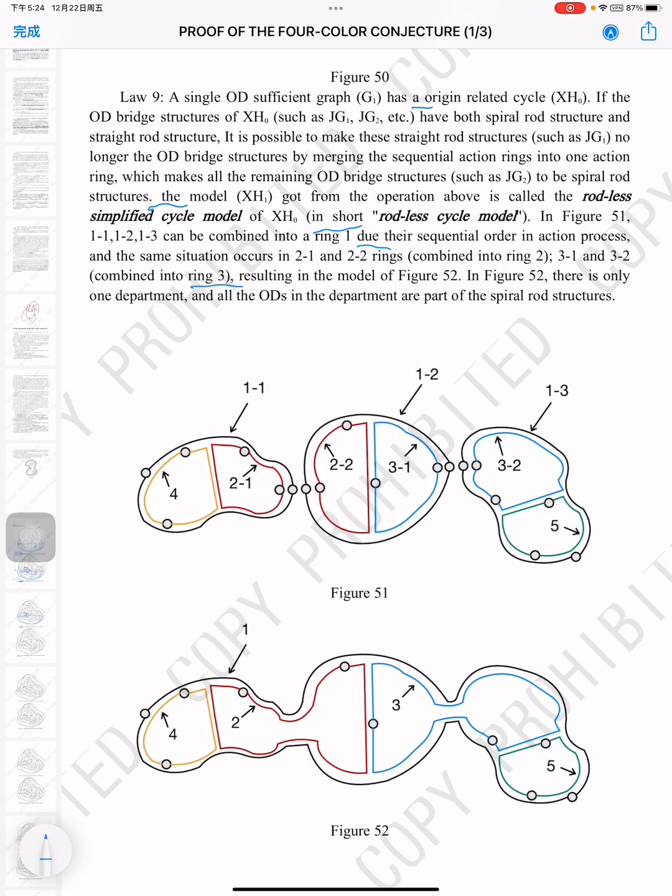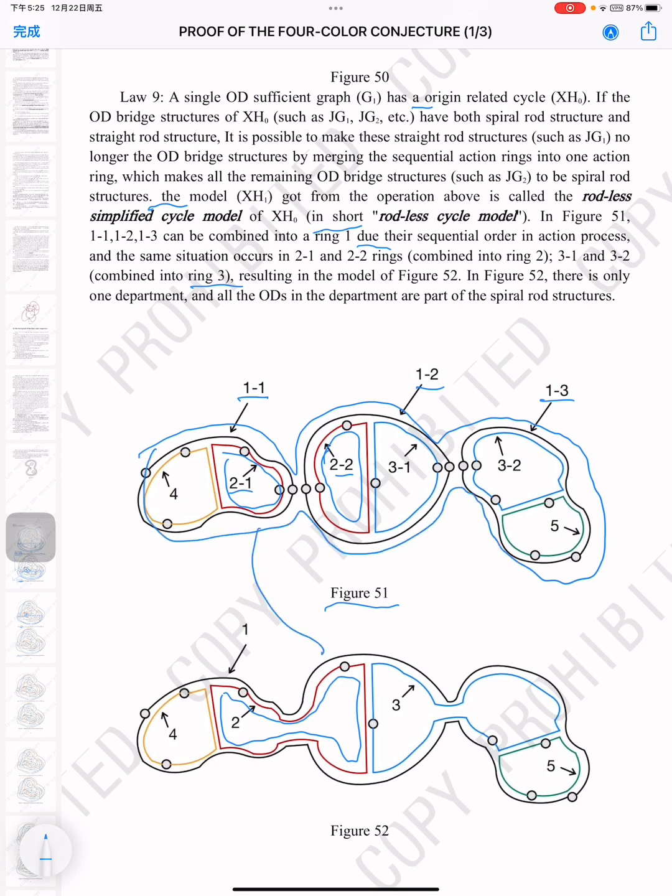In figure 52, there is only one department, and all the ODs in the department are part of the spiral rod structure. So we can see in figure 51, this 2-1 and 2-2 combined to the OD ring 2. And 1-1, 1-2, 1-3 combined to OD ring 1.